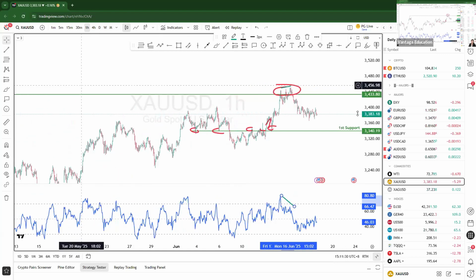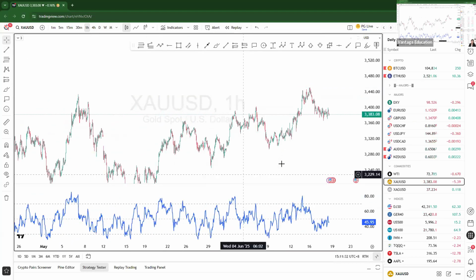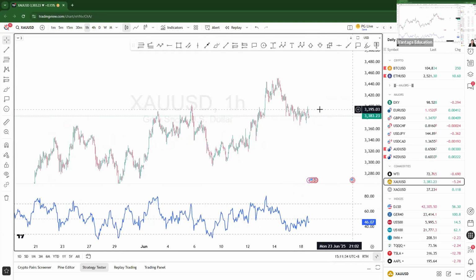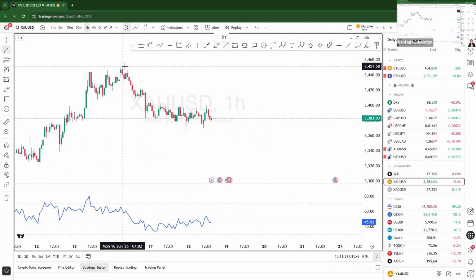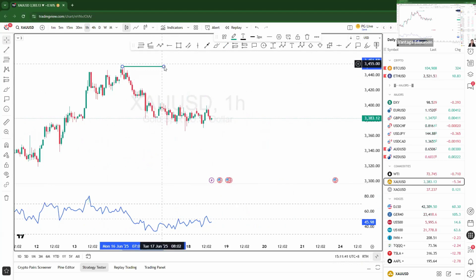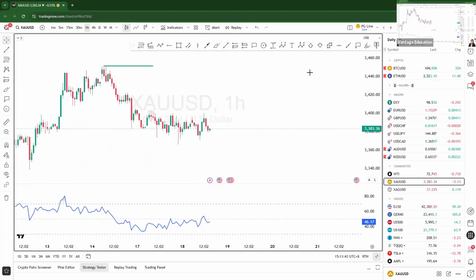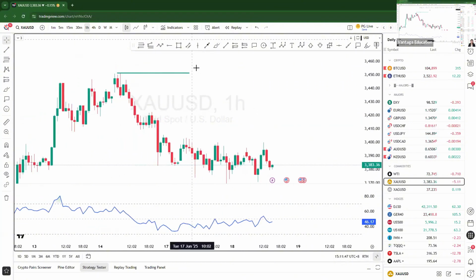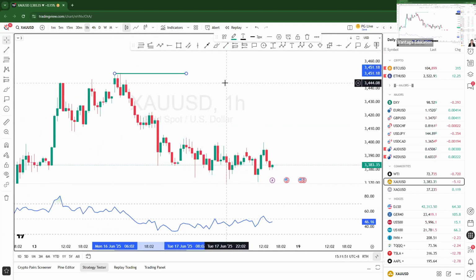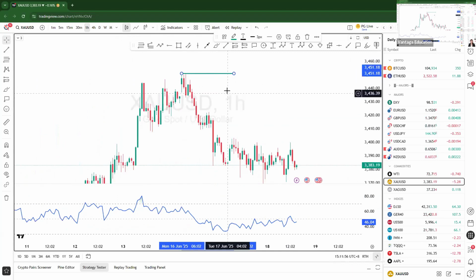Here, again, you have the question: what if you identify the resistance based only on a swing high? Is this strong enough? I have a question for you guys. Will you identify this as your resistance level based on your swing high? This is your swing high resistance. Do you think this is strong enough for you to sell at this level?